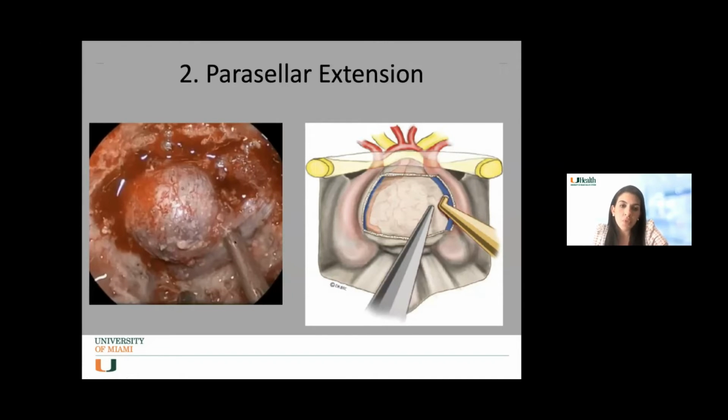Also, this highlights the importance of, oftentimes if you're just doing your small pituitary or even a macroadenoma, you're going to limit your opening just to the sella. But if you're doing any tumor that has any parasellar extension, you have to have a wide bony opening. All roads lead to Pittsburgh when it comes to pituitary surgery.